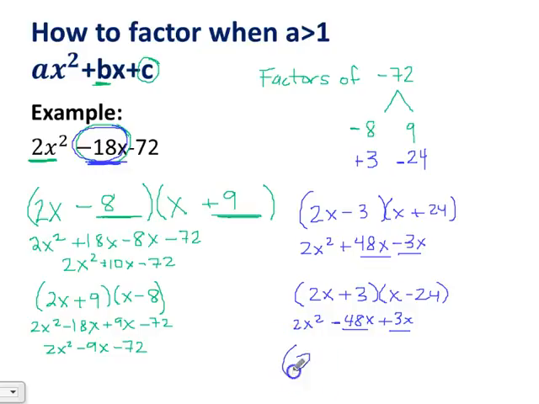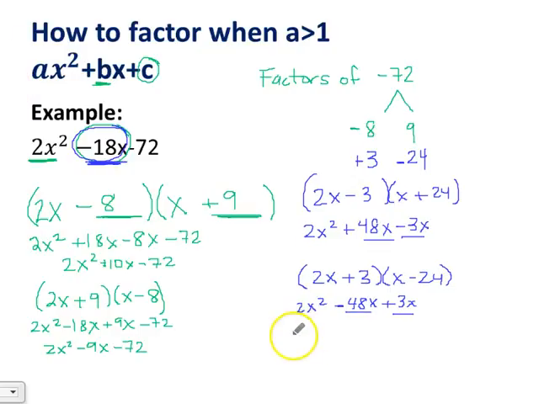So what I'm going to do now is switch the order, so that it's 2x minus 24 on this side and an x plus 3 on this side. And let's see what happens now. So 2x squared when I distribute, then 2x times 3 gives me 6x.